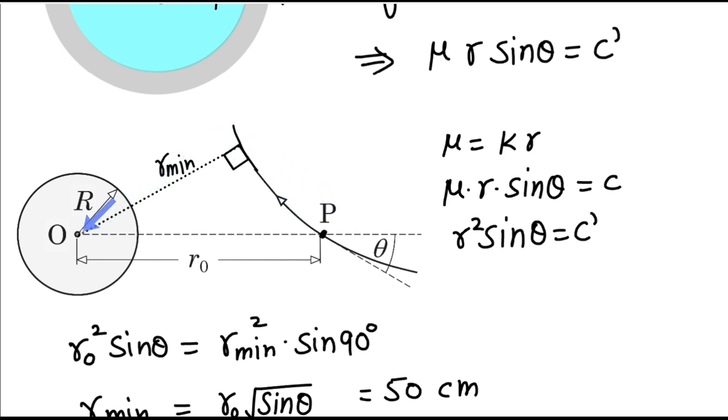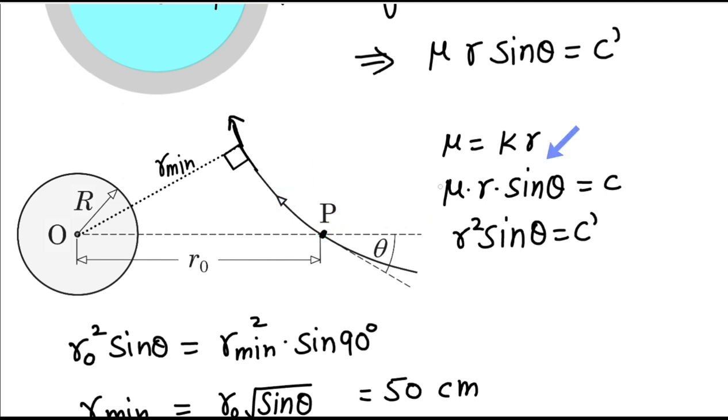Whenever the distance is going to be minimum from the center, the distance from this surface is also going to be minimum, and at this particular distance from the center, this path direction or the velocity direction is going to be perpendicular to the radial direction, right? And we can just use this fact that mu r sine theta is going to be constant on any point of this path, right?